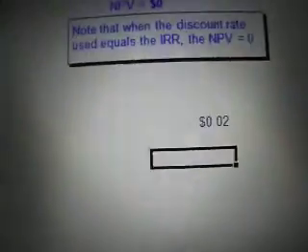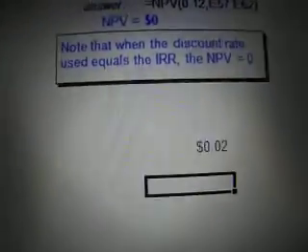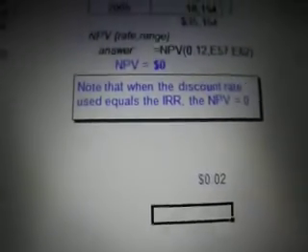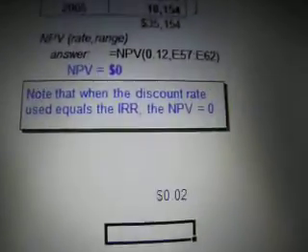So this is how you compute the net present value, and we'll have a lot to talk about for the internal rate of return and for the net present value in the following class. At this point, you only need to know the function, how to use the function, and how to do the computations.